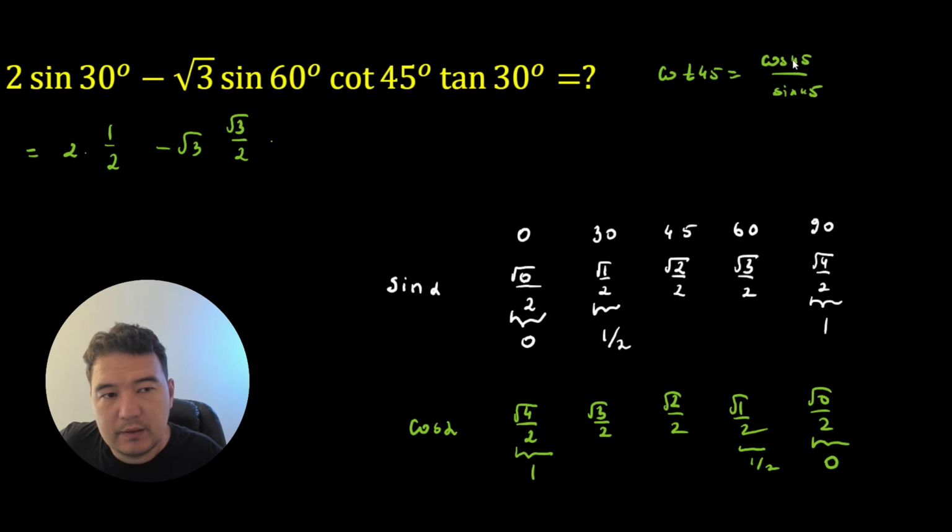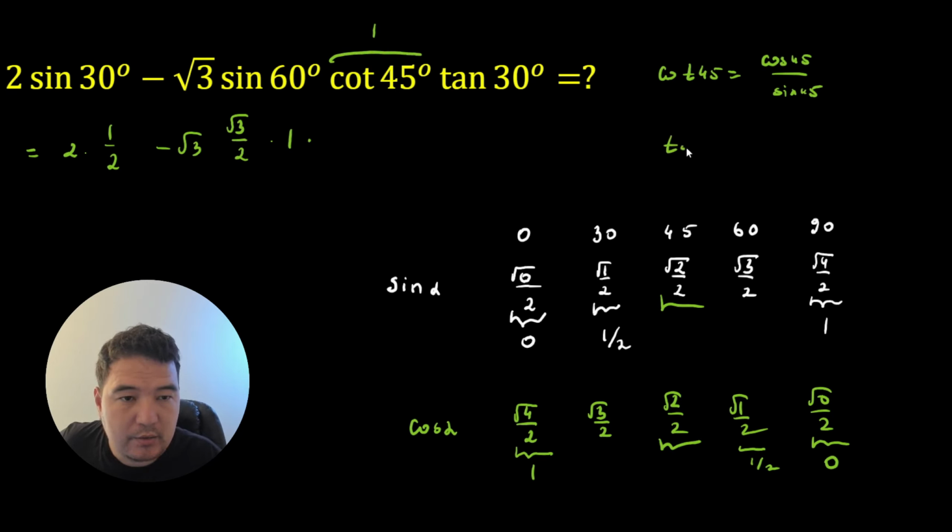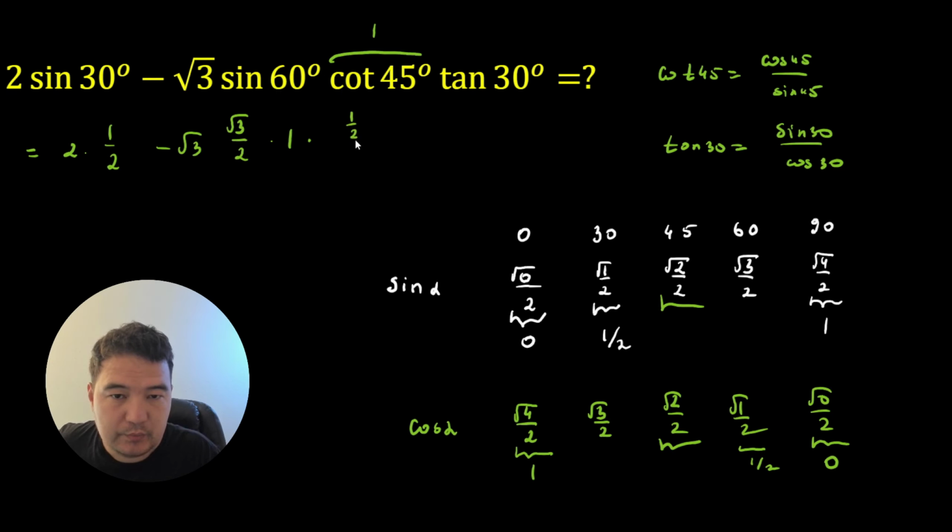So if you divide cosine 45 by sine 45, both are equal to each other, so cotangent 45 is 1. And tangent 30 degrees is sine 30 over cosine 30 degrees. Sine 30 degrees is 1 over 2 over cosine 30 degrees, root of 3 over 2.